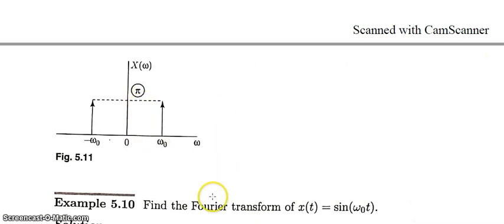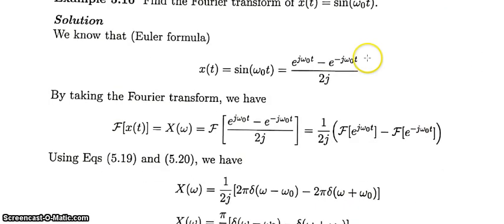Okay. Next is, find the Fourier transform of x of t equals sine omega 0 t. Again, sine omega 0 t is equal to e raised to j omega 0 t minus e raised to minus j omega 0 t, whole divided by 2j.